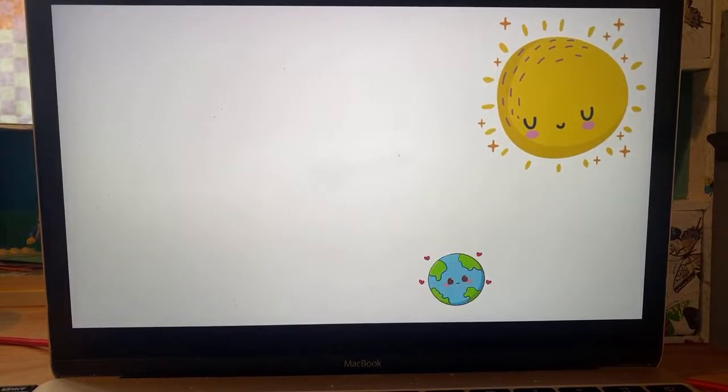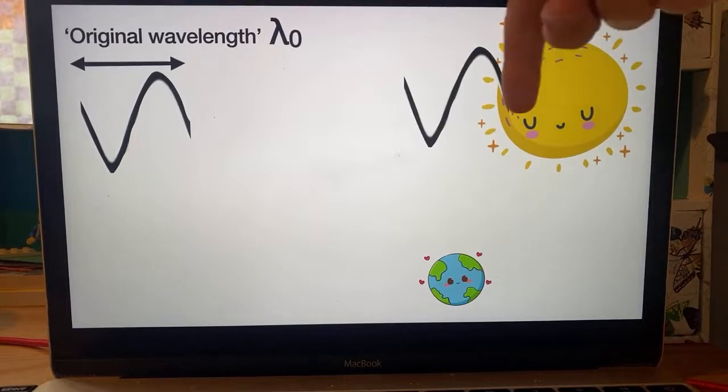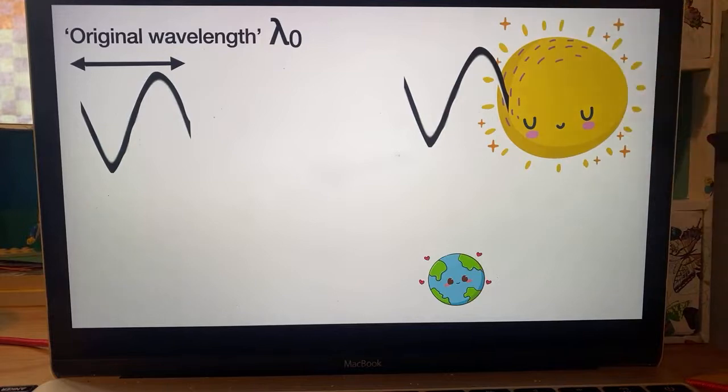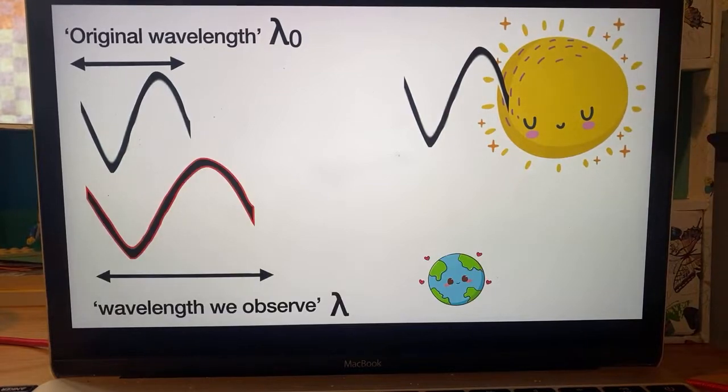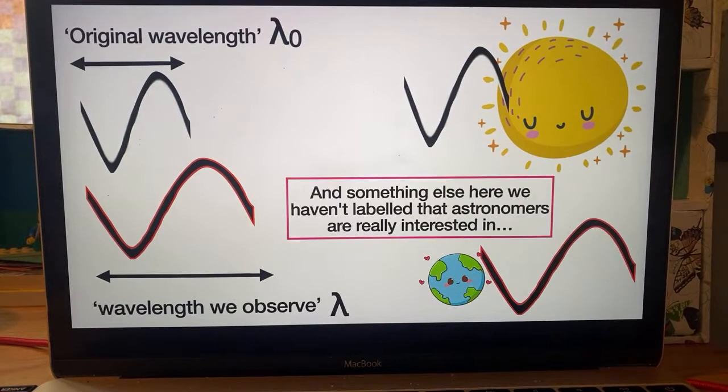So, what wavelengths have we got? We've got this original wavelength, which is the one just given off by the sun if it wasn't moving, what we would expect to see. And we've got this wavelength that we actually observe because it's the stretched one that comes to Earth. There's something else on here that we haven't labelled that astronomers are really interested in as well, that crops up in that equation that I just showed you.